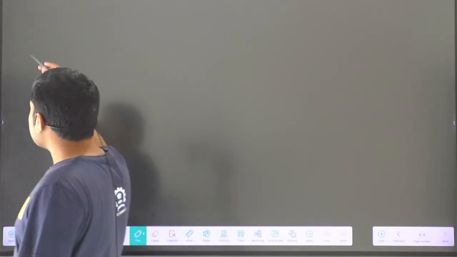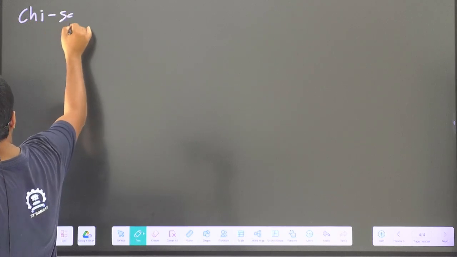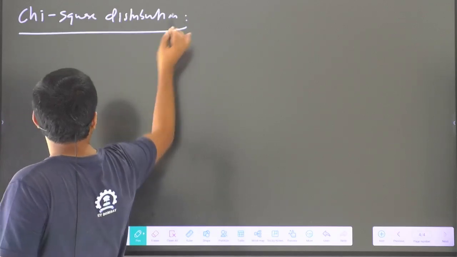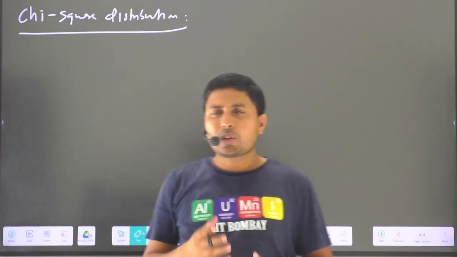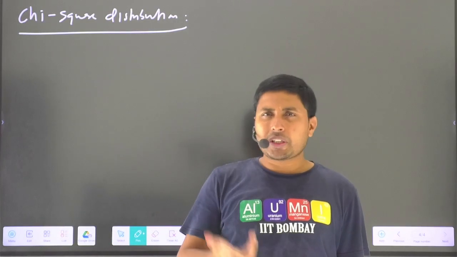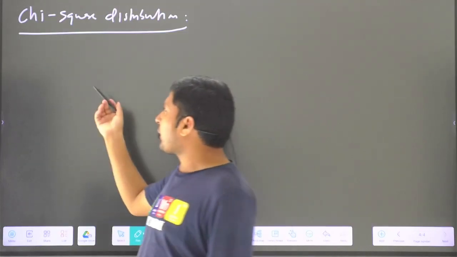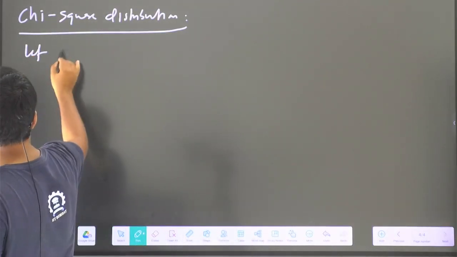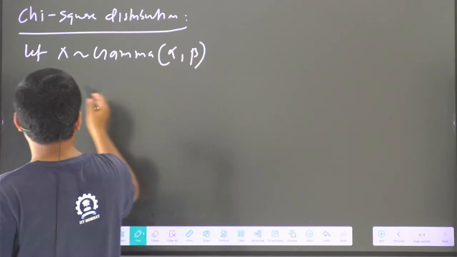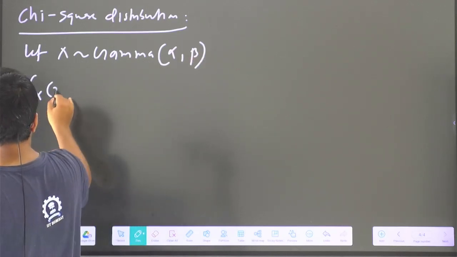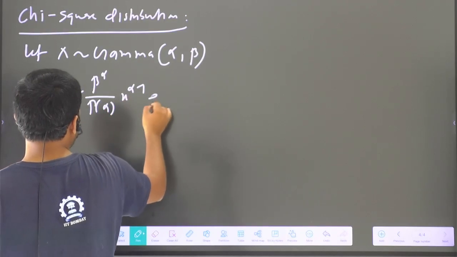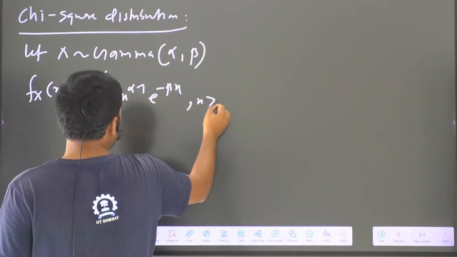the chi-square distribution. There are two ways to obtain the chi-square distribution. One is through the gamma distribution and the other one is through the standard normal distribution. Like gamma distribution, let x have gamma distribution with parameters alpha, beta. The PDF of x, we have already defined this: beta raised to power alpha upon gamma alpha, x raised to power alpha minus 1, e raised to power minus beta x, x more than 0.